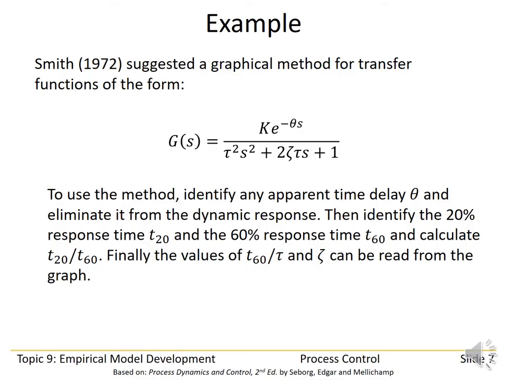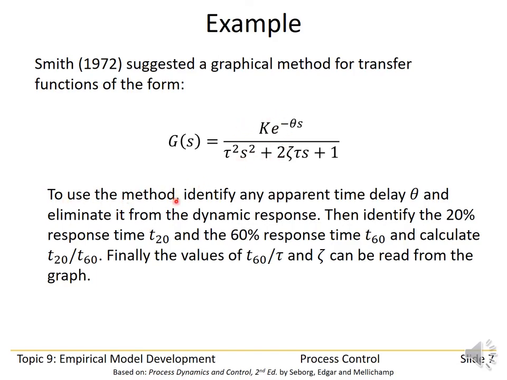Okay, so suppose we want to fit our step response data to an empirical model of this form: second order plus time delay. There's four parameters we need to determine: k, theta, tau, and zeta. This clever fellow Smith suggested a graphical method for determining the parameters in this model.